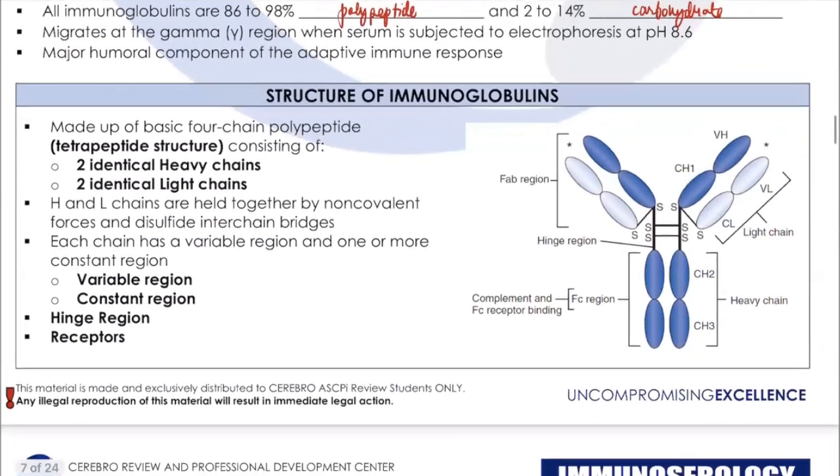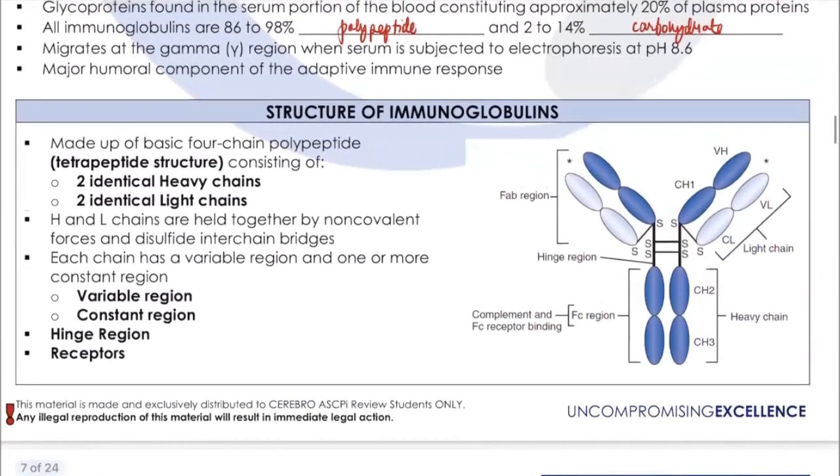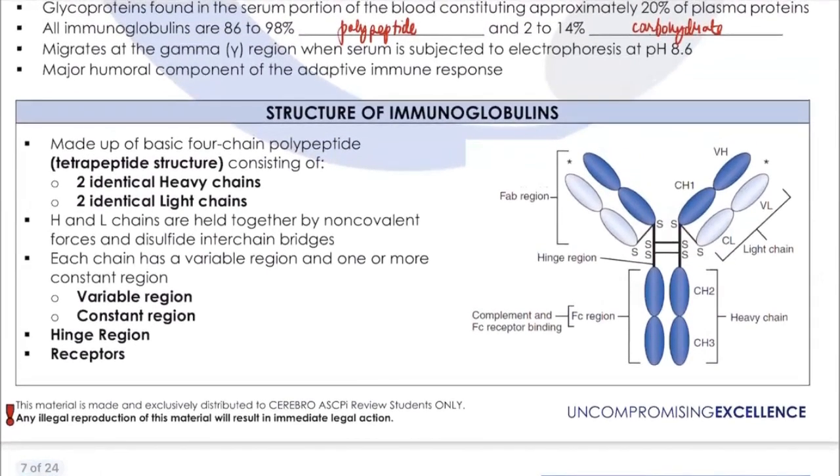Okay? So first, pag-usapan muna natin yung structure ng ating antibodies. Our antibodies are made up of a basic 4-chain polypeptide structure. Ibig sabihin, tetrapeptide siya that is composed of 2 identical heavy chains and 2 identical light chains. Itong mga heavy chain, this usually dictates the class of the antibody. So we have 5 classes of antibodies corresponding to the 5 types of heavy chains. What are they?